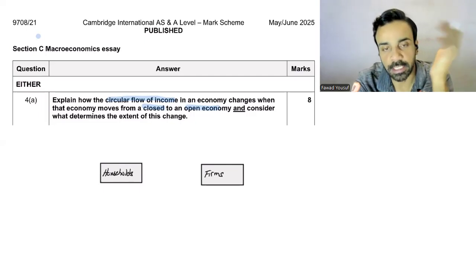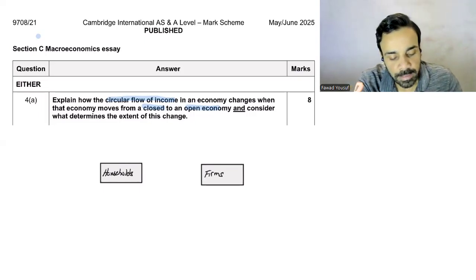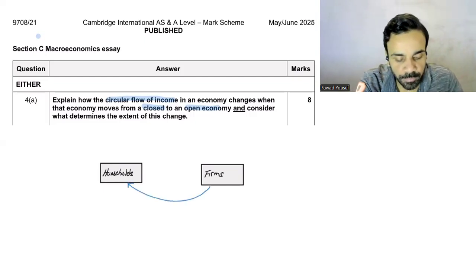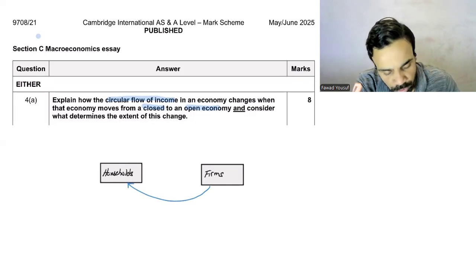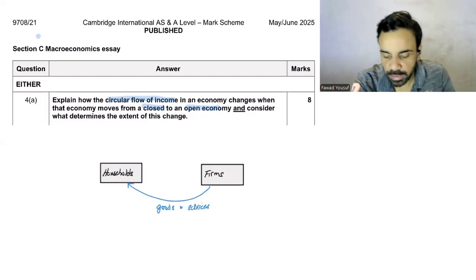I'll do is the whole thing, meaning that how goods flow from firms to the households, right? So this is how the goods and services flow.